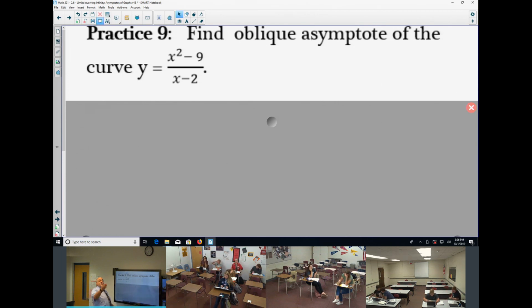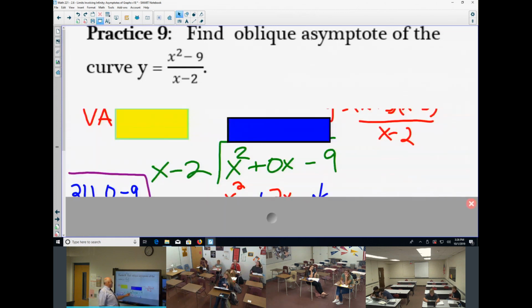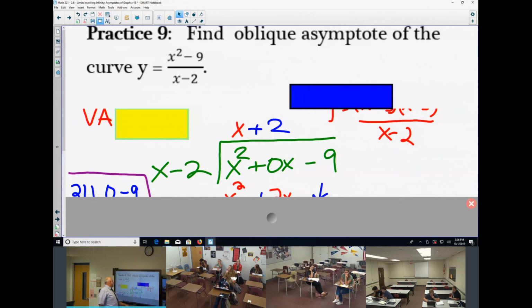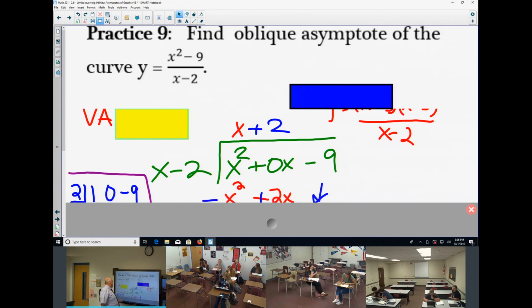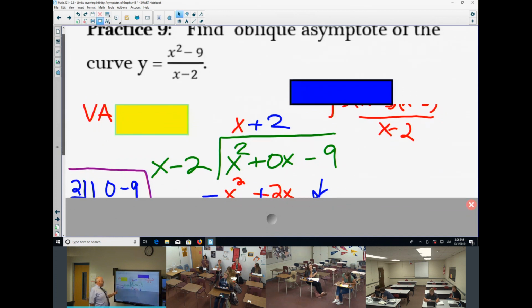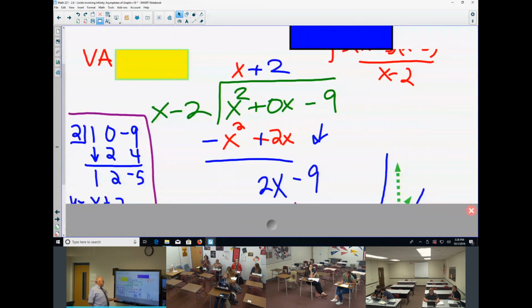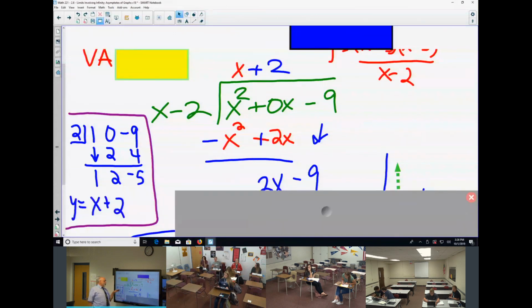Okay, so you want to say y equals x plus 2 for the oblique. Great job. Now, in this one, since you are dividing just by x plus or minus a number, you could also use synthetic division to get that. Would anyone like me to review synthetic division?